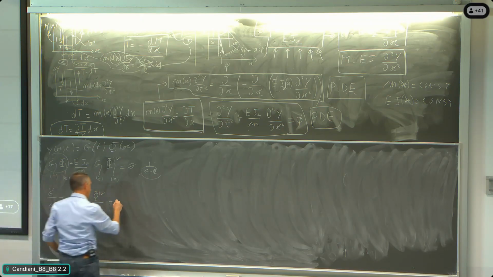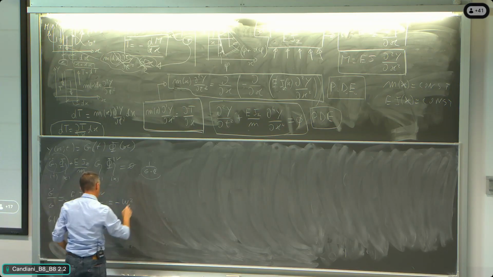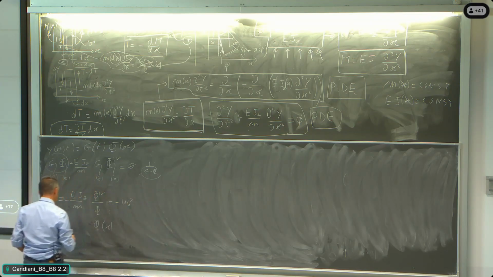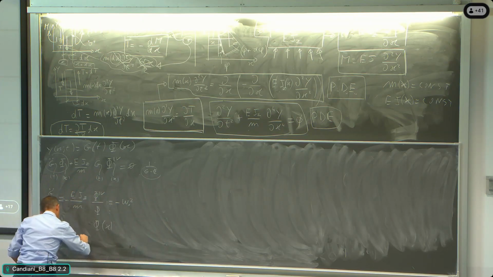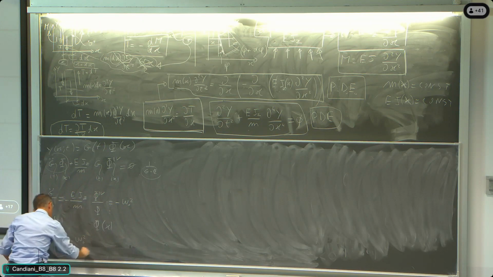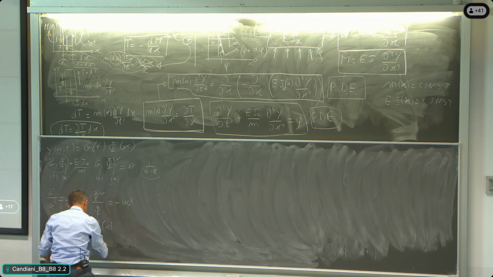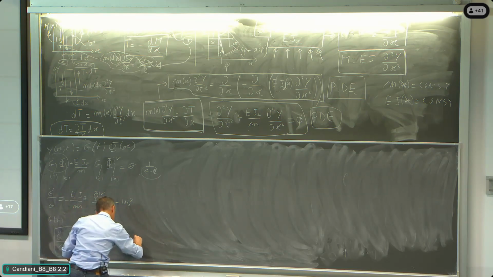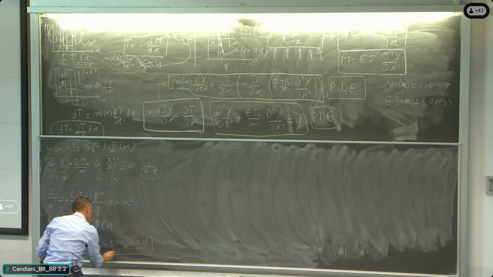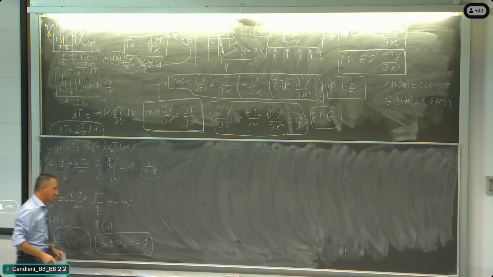And so I write here minus omega 0 square. For which reason? Because G two dots divided by G equal minus omega 0 square is coming from the equation G two dots plus omega 0 square G equals 0. Okay, second order ordinary differential equation.